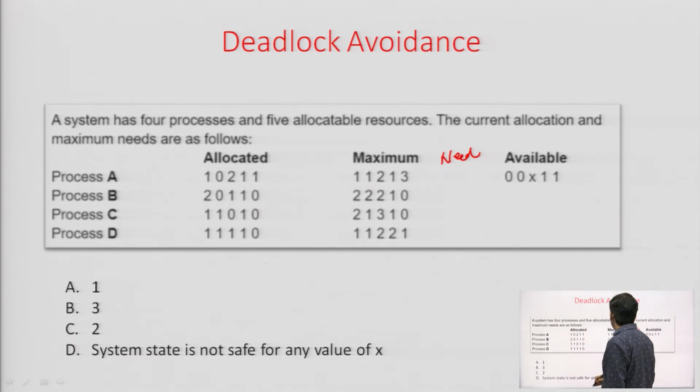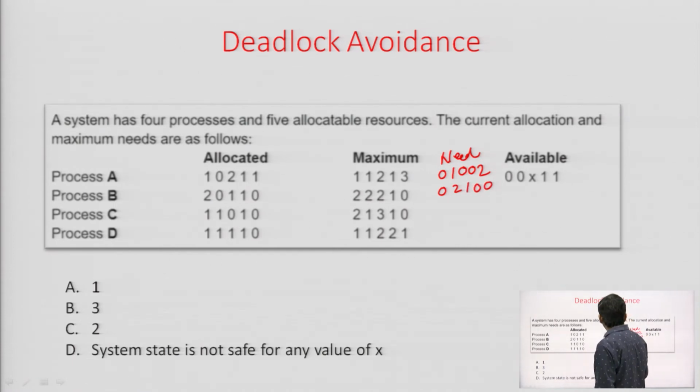You just need to compute the need. Need can be found by maximum minus allocation. For example, the need for the process A will be 0, 1, 0, 0 and 2. By the available resources you can see that the need of the first process currently cannot be satisfied. Similarly, the need of the second process will be 0, 2, 1, 0 and 0.